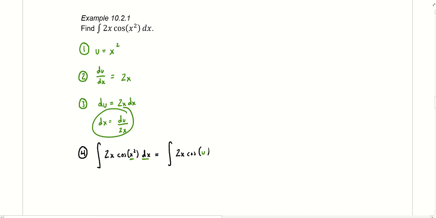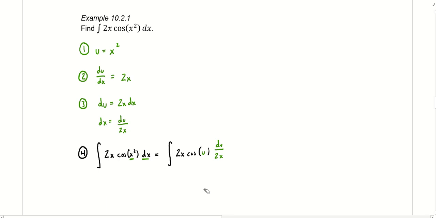It's du over 2x. Which again kind of sounds like cheating because dx is just notation. So is du dx. But, sorry, this should be 2x. So dx equals du over 2x, so I'm just replacing that here.